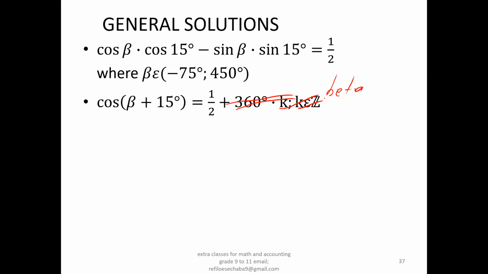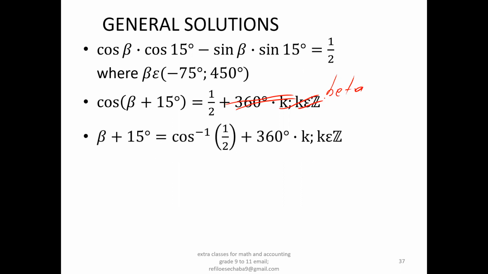It's beta plus 15 degrees equals plus minus inverse cos 1 over 2. Wow, so many typos here. I guess I was in a rush. Okay.